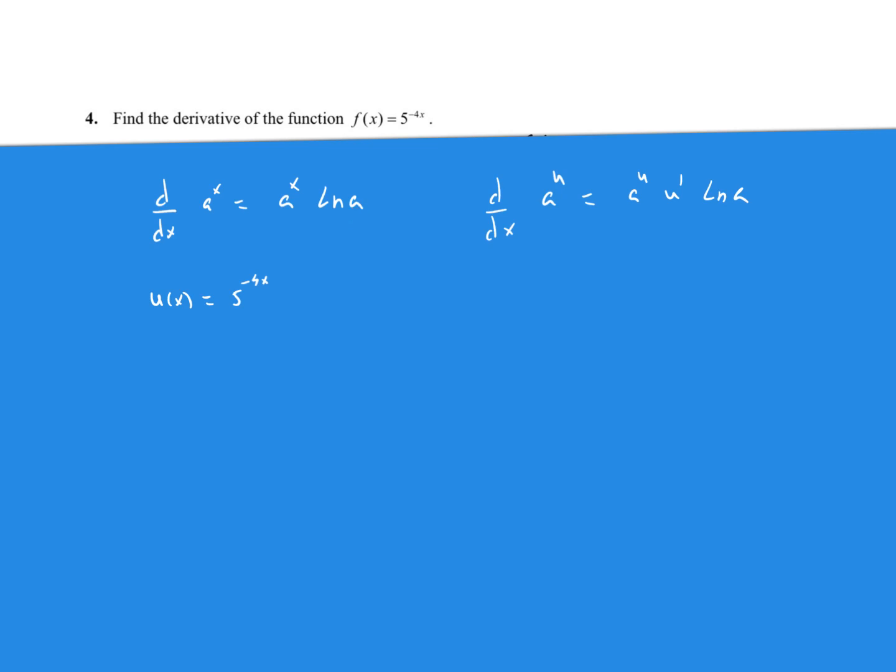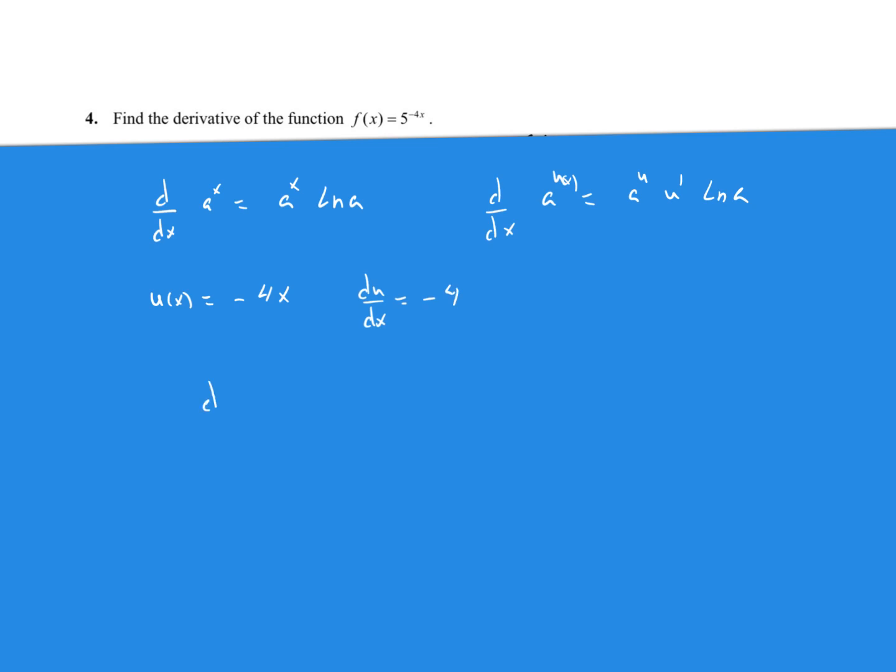If you have a function a to the u, where u depends on x, the derivative with respect to x of a to the u is a to the u multiplied by the natural log of a by u prime. Now, let's apply this formula to this problem. u of x is minus 4x. So the derivative of u with respect to x is minus 4.